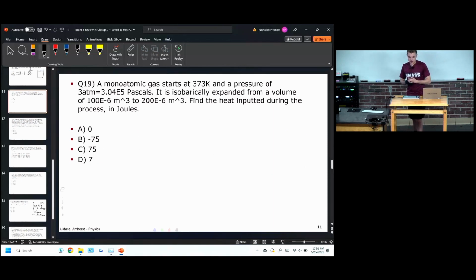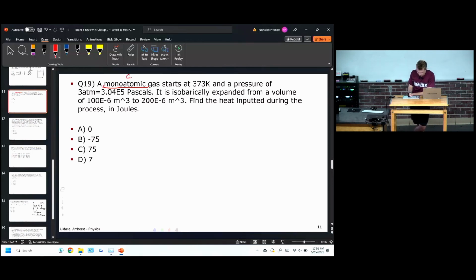Okay, here is a full strength problem. I think this is the hardest problem on the practice test. I just want to highlight some keywords and outline the strategy. This is a monoatomic gas, so we know CV immediately.